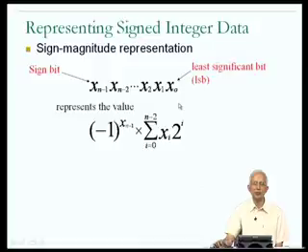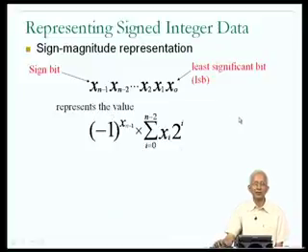In this case I am showing the least significant bit on the extreme right and numbering it as x0. Please note that this is just a convention. I could just as well have shown the least significant bit on the extreme left, and the expression would have been exactly the same, because I would have labeled the bit at the extreme left as x sub 0.